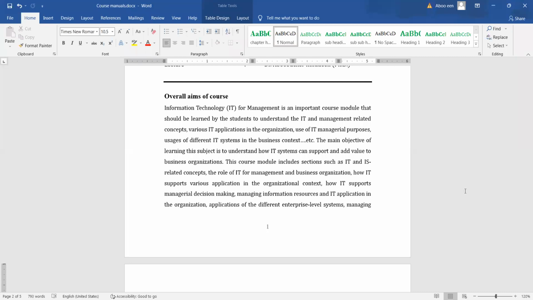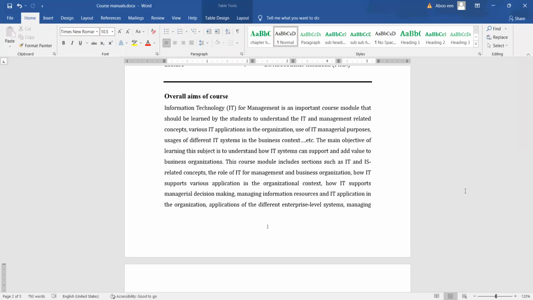So basically, this subject is focused on the usage of IT applications, some of the managerial perspective, and how IT applications can be effectively applied or implemented in the organization for decision making. So we will discuss this content in detail.